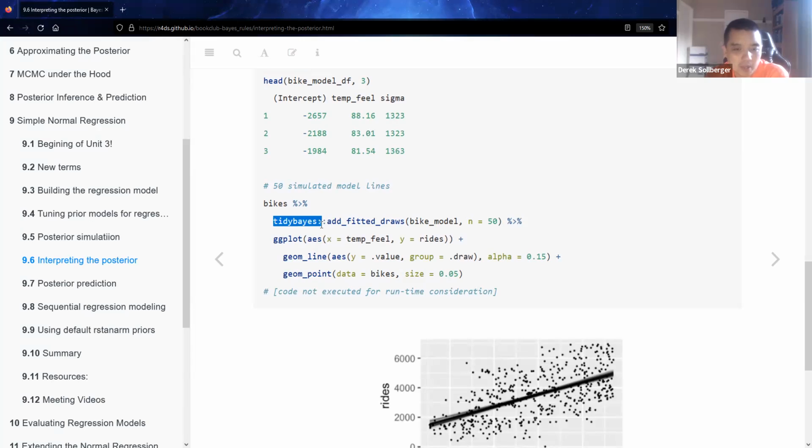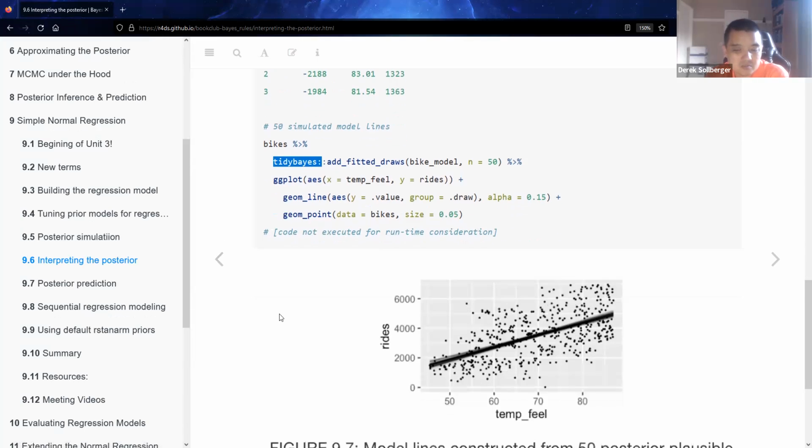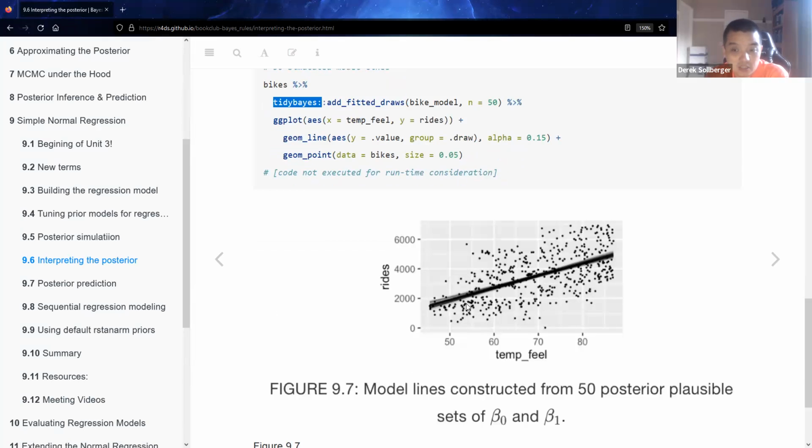The tidybayes package has a convenient wrapper to help us hone in on this idea for now. And if you do look close at the image, you can see that we have a little bit of variability in the diagonal line. We have some slightly different intercepts. We have some slightly different slopes.